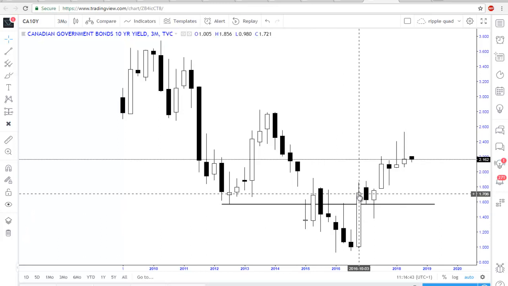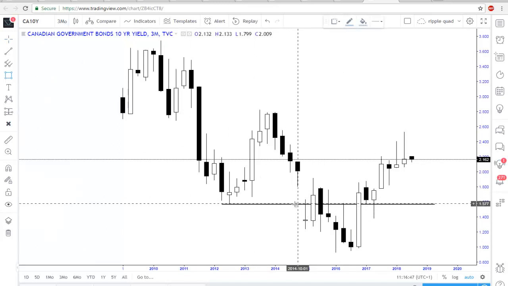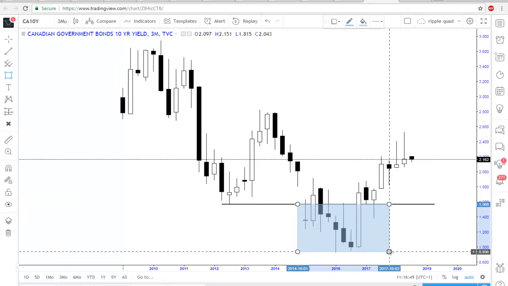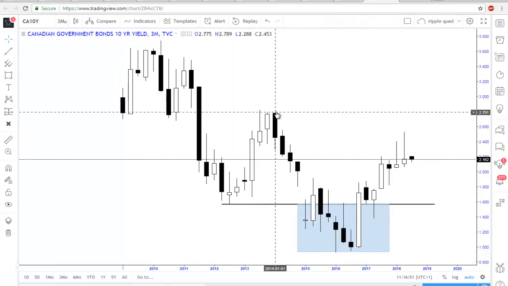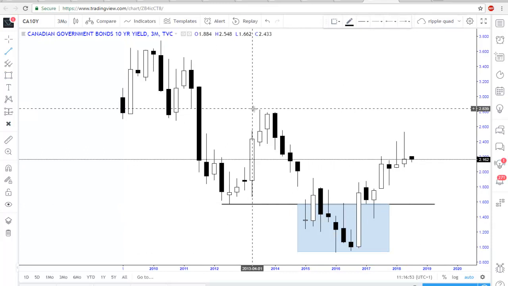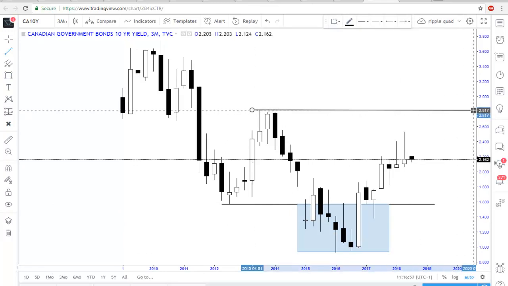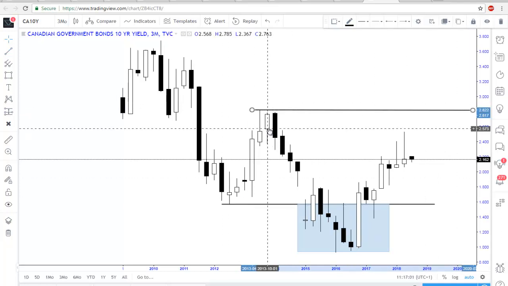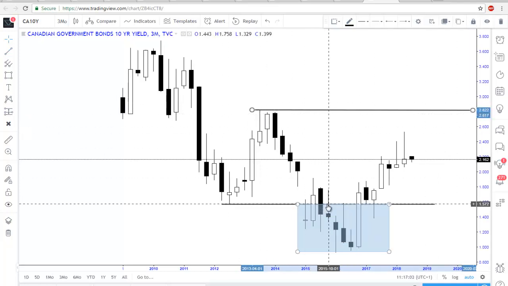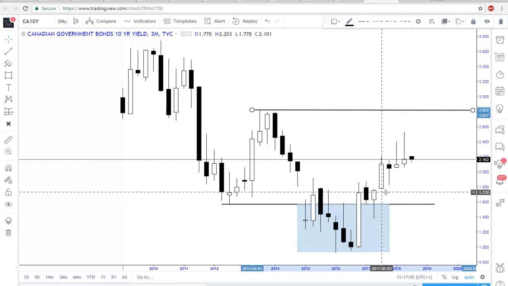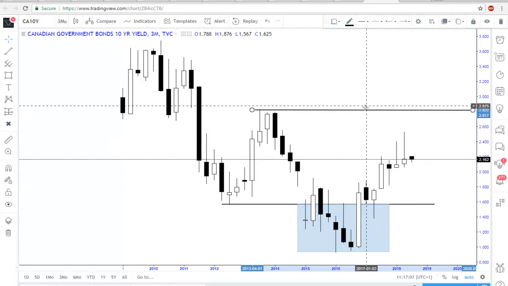Once it closed above it, this proved to us that this was all just a deviation, a stop run. So if that's a stop run, what was the range high? The range high is here. So if this is the range low and range high, when it comes back below one side of the range, it goes back within it, and above it, that means the stops are going to be resting there.